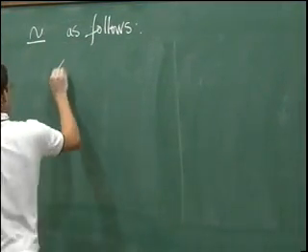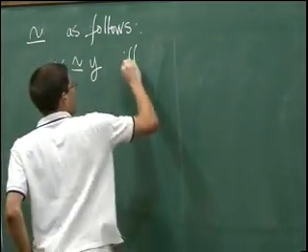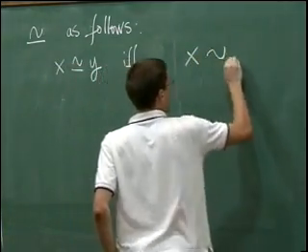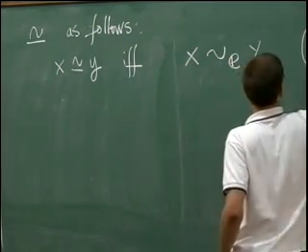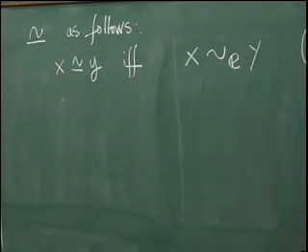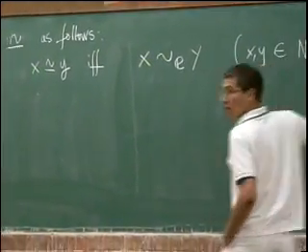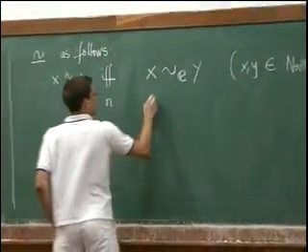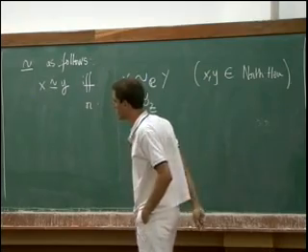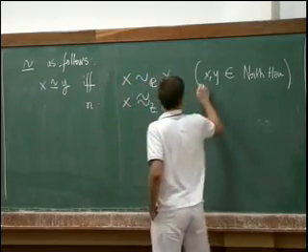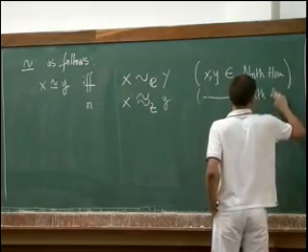So x is equivalent to y if and only if x is equivalent by E to y, that means that x and y belong to the north hemisphere, or x and y are identified via the process Z.